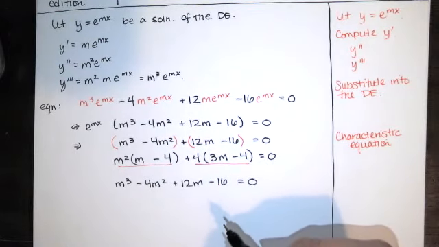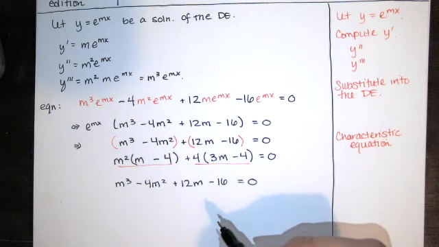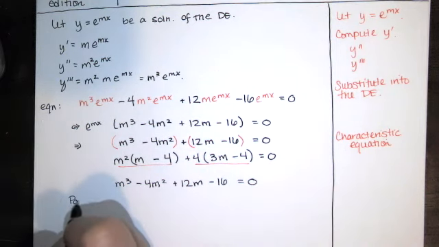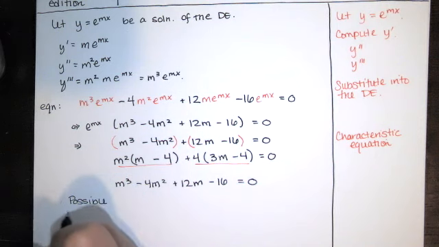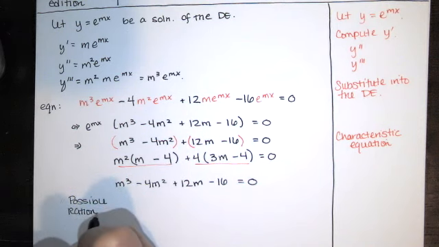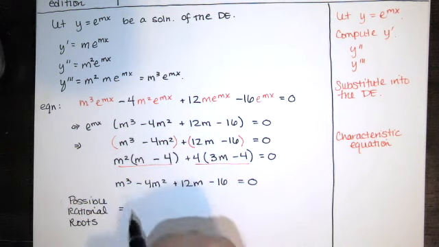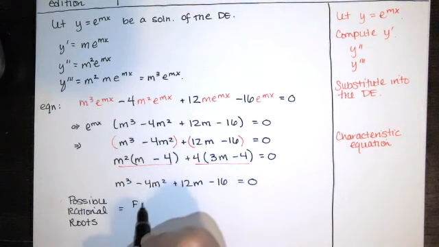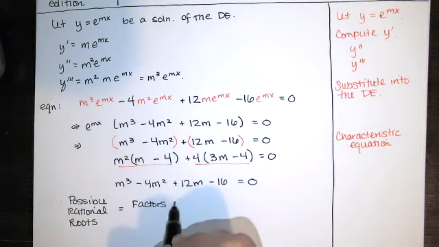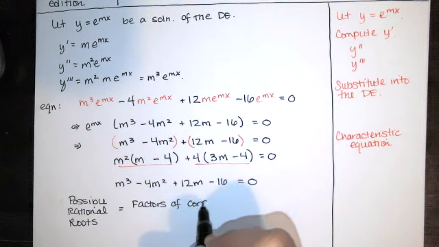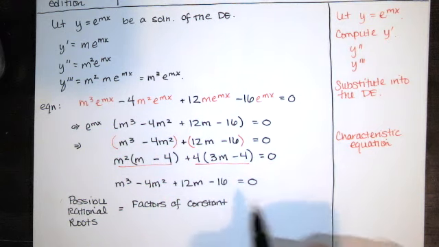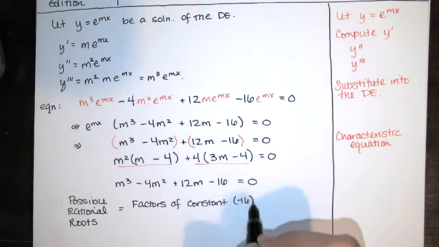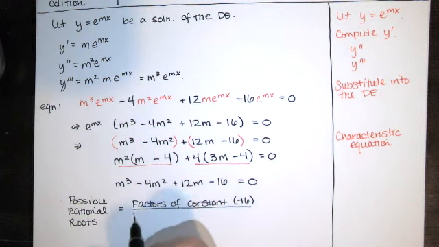If all else fails and it's not obvious how you should factor the equation, I suggest using possible rational roots. So the possible rational roots of a polynomial equation are given by quotients of the factors of the constant term, in this case negative 16, divided by the factors of the leading coefficient.